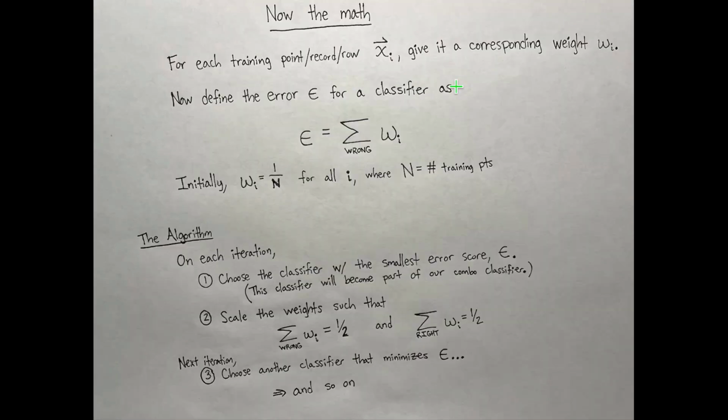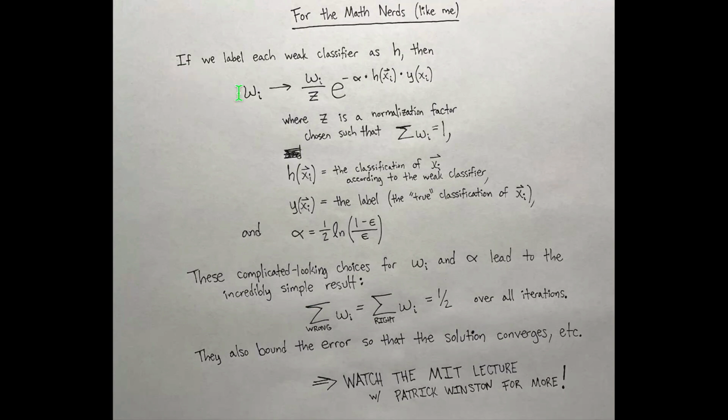I know I said on the last slide that the weights scale this way. This is totally true if you scale the weights like this, and you define the alpha here to be of this form. That might seem kind of surprising, but if you look at this, the alpha has a natural log here, and so it's e to the natural log of something.